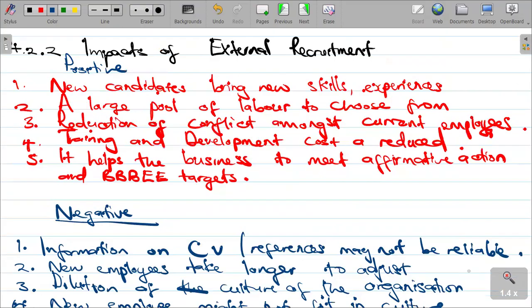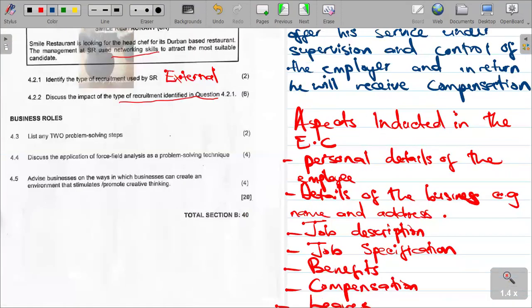Right, let's move on to question 4. We are still on question 4 on business roles. List any 2 problem-solving steps.